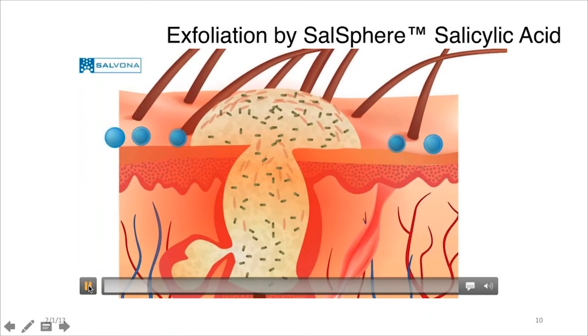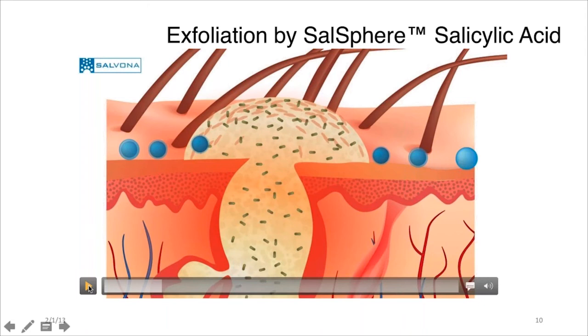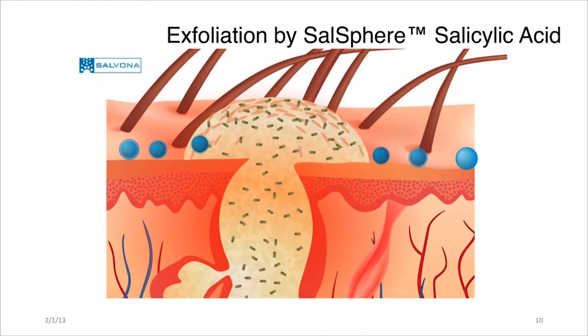The pimple is hydrophobic, fatty acid, and the particle, the SalSphere, is also hydrophobic. And oil likes oil, so the particles can stick onto the pimple. By achieving this, we get targeted release. The salicylic acid is accumulating where it's needed the most.